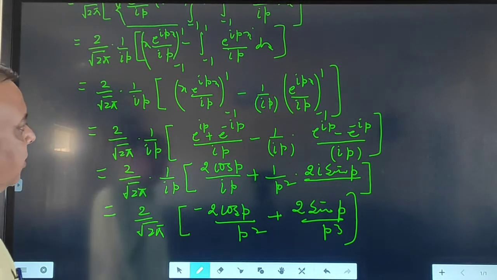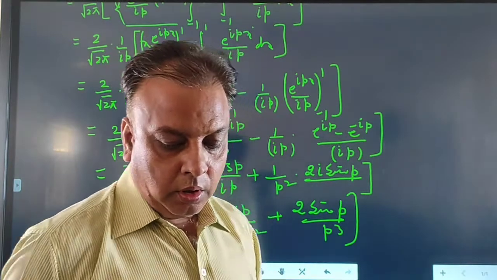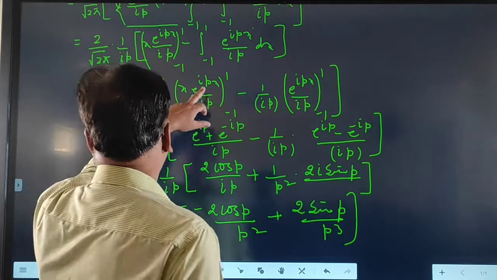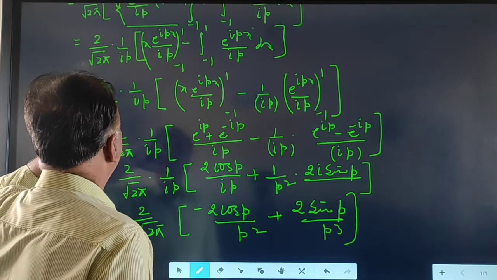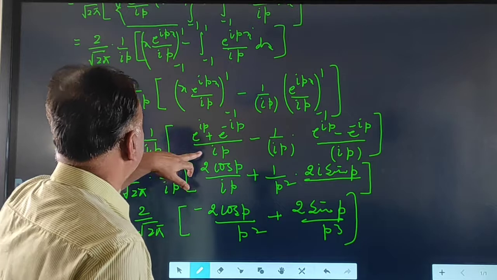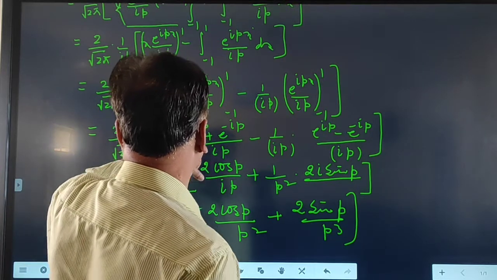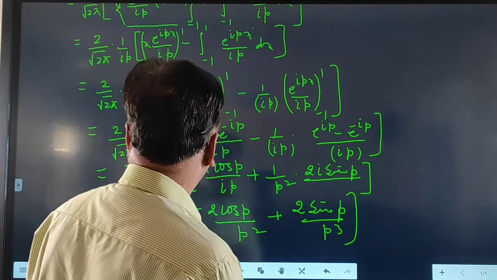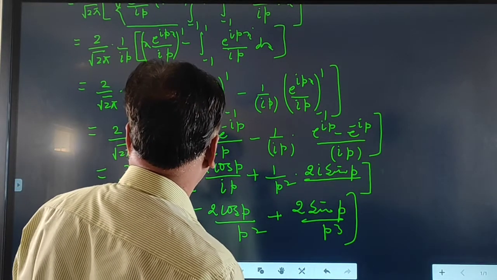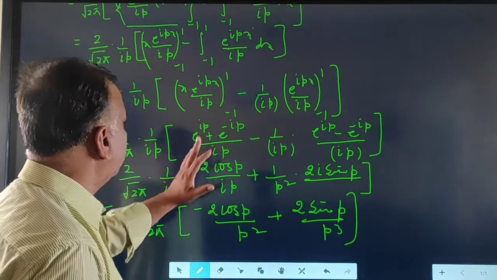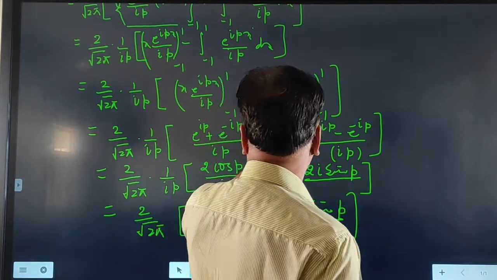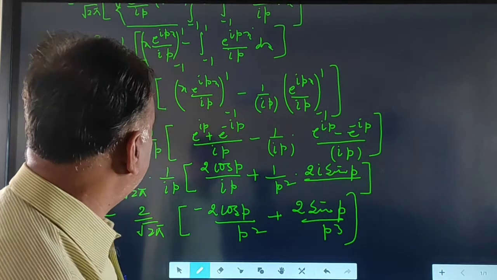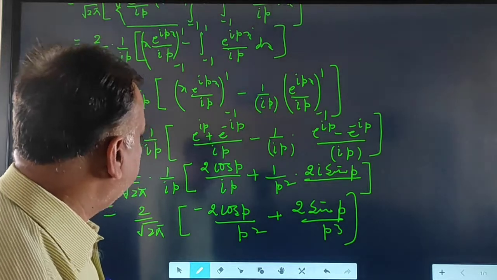The sign is, if you put the limits, this is 1 upon iota p, e raised to iota px, minus e raised to iota p x, plus e raised to minus iota p upon iota p, minus 1 upon iota p, e raised to iota p minus e raised to minus iota p upon iota p.